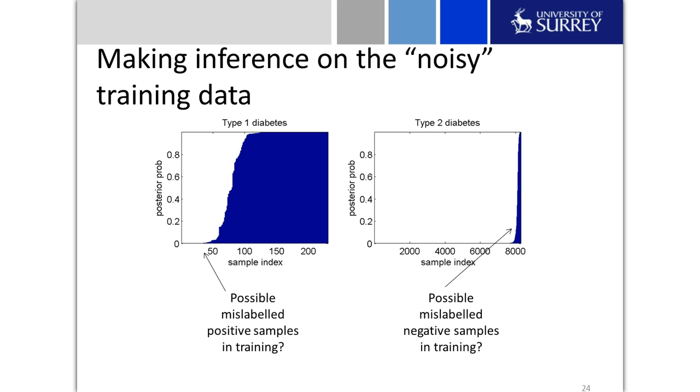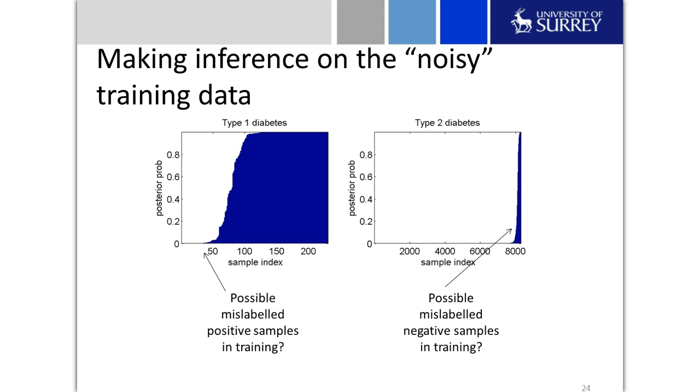So that means the classifier, although it has been trained with positive labeled samples, complains that it couldn't fit some of these data. So it could be the case that the model is incorrect, or most likely that the training samples, the positive samples, might have been mislabeled. So these are in fact potentially negative samples.